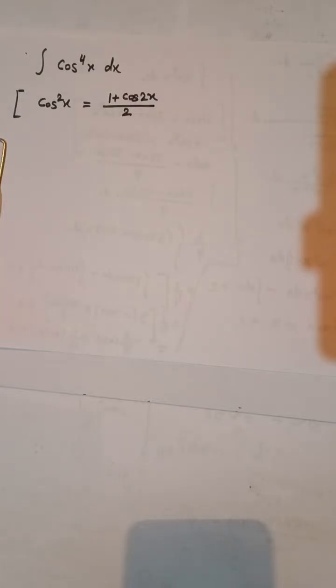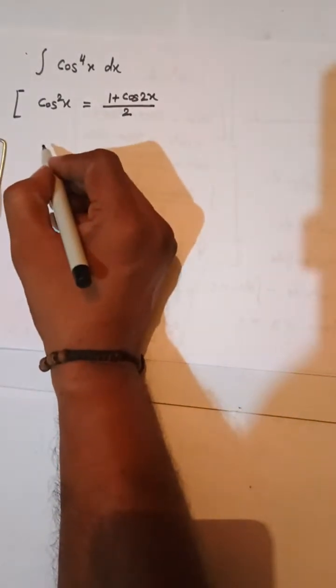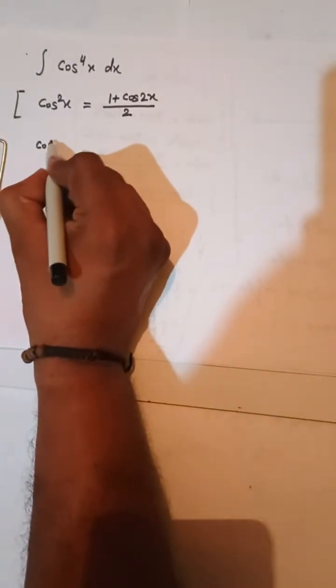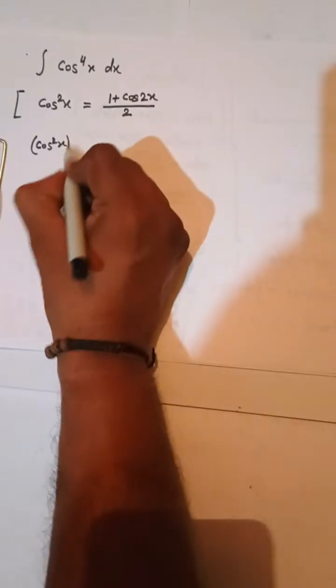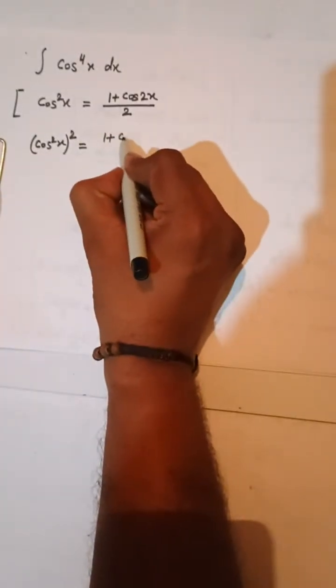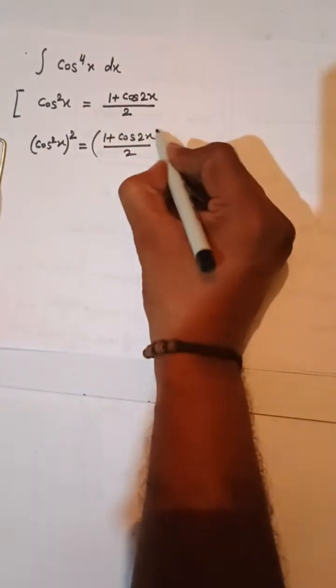Yeah, let's do it here. I'm just putting a square here. So here cos square x, and then I'm putting a square. If I put a square, I need to also put a square on (1 plus cos 2x) by 2, and then square over here.